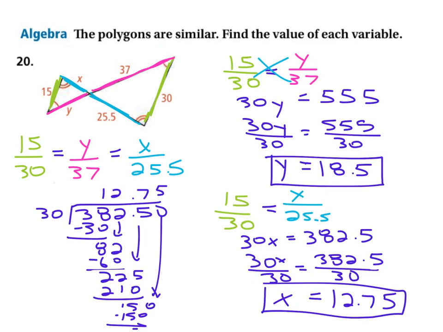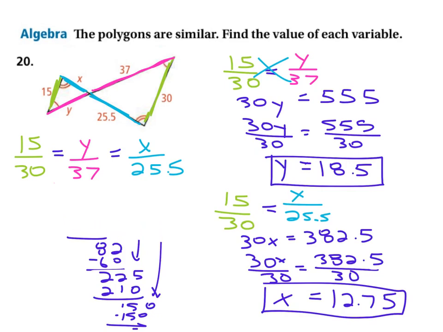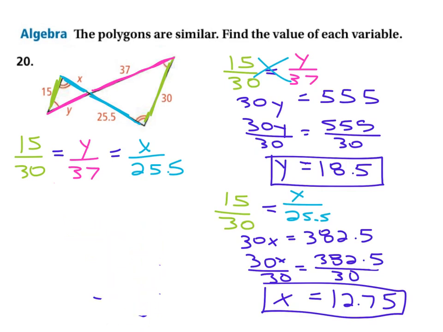And if you wanted to see something fun, maybe you want to be done with this problem already, but I'm going to erase this, and I'm going to say, remember what I just erased there was 382.5 divided by 30. Well, you can do this.